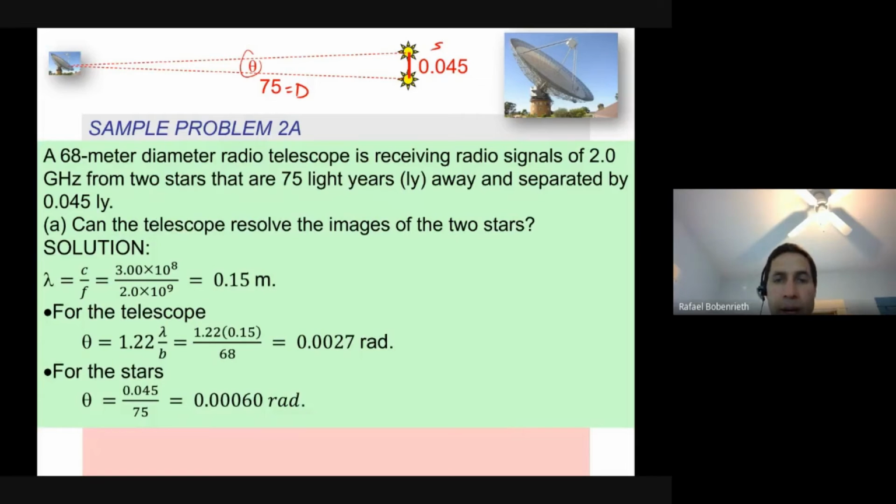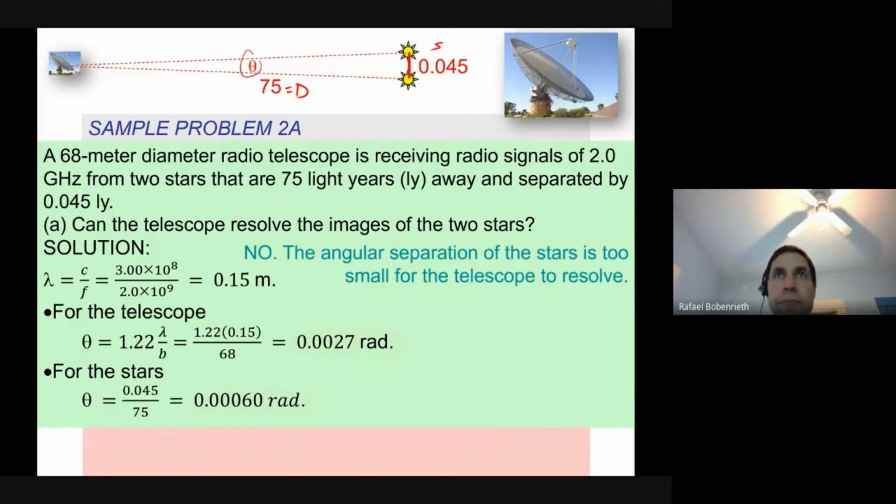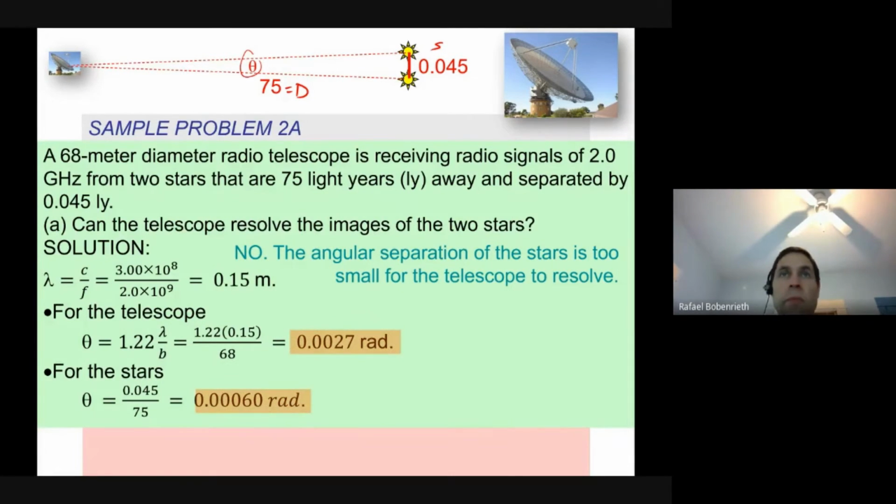So now when I compare the two numbers, notice that 0.00060 radians is less than 0.0027 radians. So that single radio telescope by itself does not have the sufficient capacity to distinguish those two light sources as being two separate stars. Okay, the angular separation is too small for the telescope to resolve.